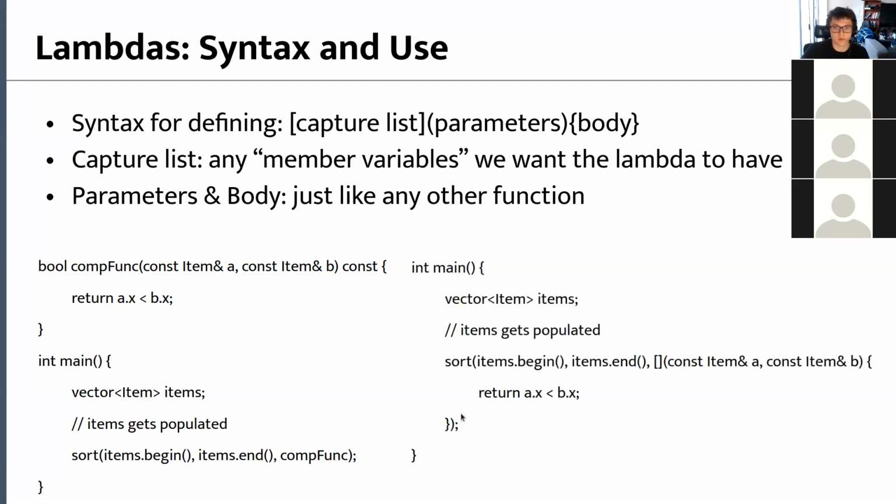But the way we could do this with lambdas is we define a lambda right inline, right in that sort call, which takes in the two items and returns the proper thing as a result. And you can see how this is much cleaner. Specifically, now this comp func function is no longer in this file scope, when it definitely doesn't need to be because we are only using it in one place.